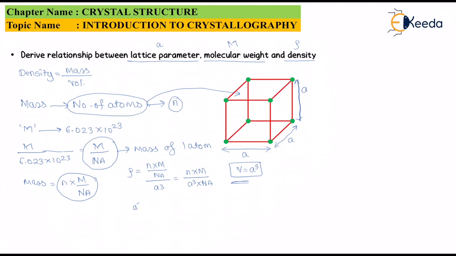We'll have a cubed equals M times n upon rho times Na. Taking the cube root, we'll find the value of a as M times n divided by rho times Na, the whole raised to 1 by 3.